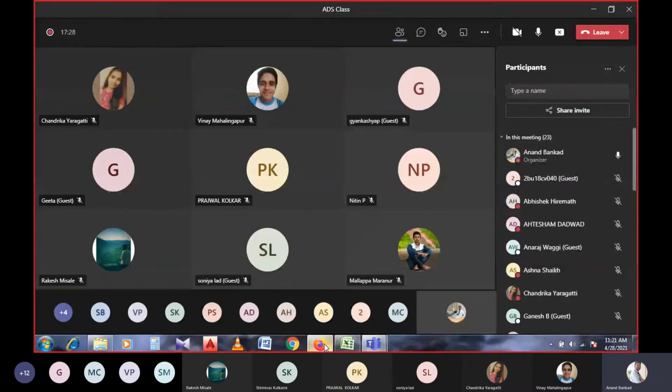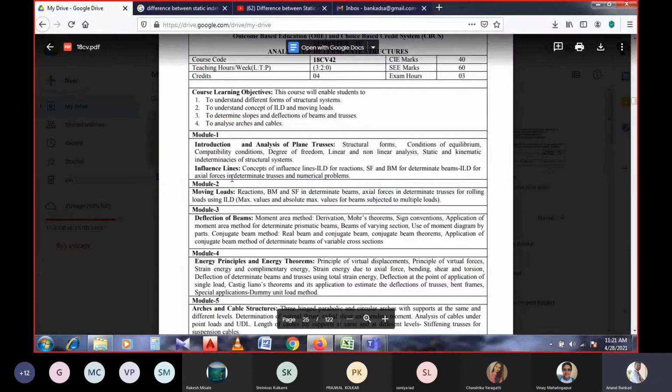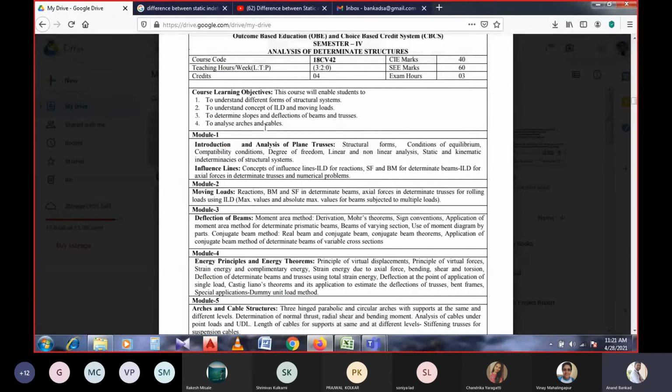Okay, fine. So when we see this structure, that is module 1, it combines different kinds of contents that are all correlated with each other. Why am I asking about understanding the degrees of freedom? If you know the degrees of freedom for different kinds of supports, then only you will be able to calculate the static and kinematic indeterminacies, right?